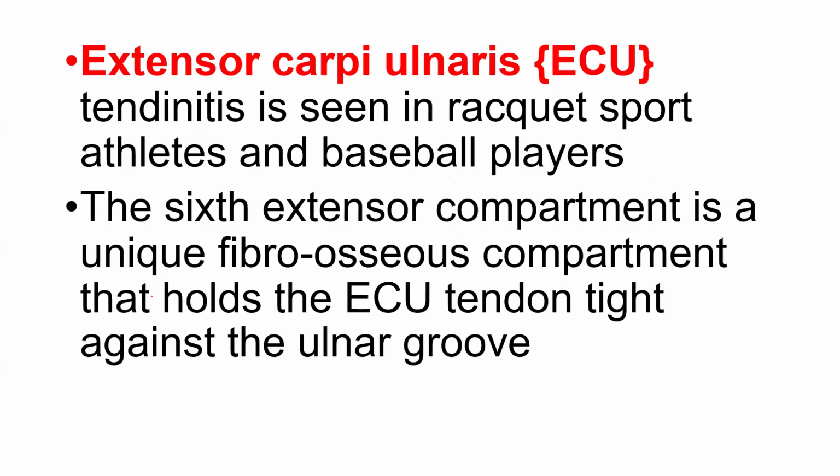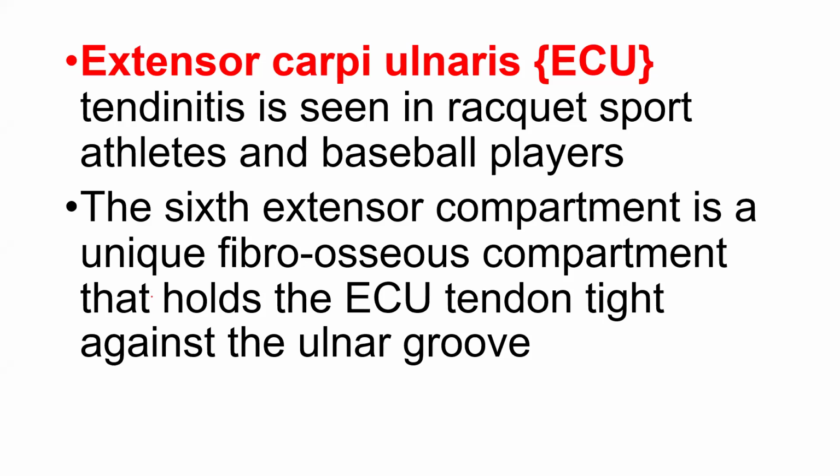What about the take-home message? This is what I'm going to speak in general. Extensor carpi ulnaris tendinitis, you should remember that it is seen in racket sport athletes and baseball players.